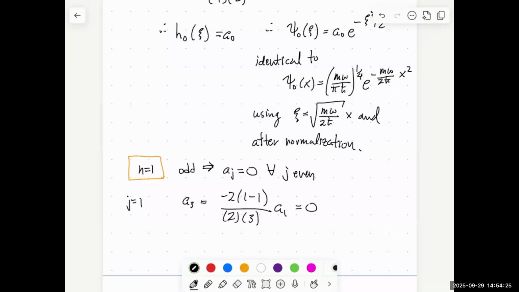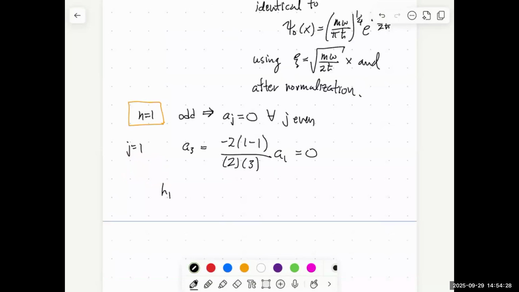Okay, so that means H1 of z is just a1 times z to the power of 1. And so that means our stationary state, the first excited state, is H1 times that exponential, but H1 is just a1 z, and this is e to the minus z squared over 2.